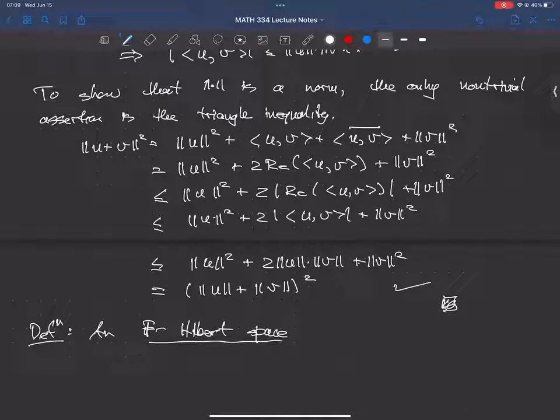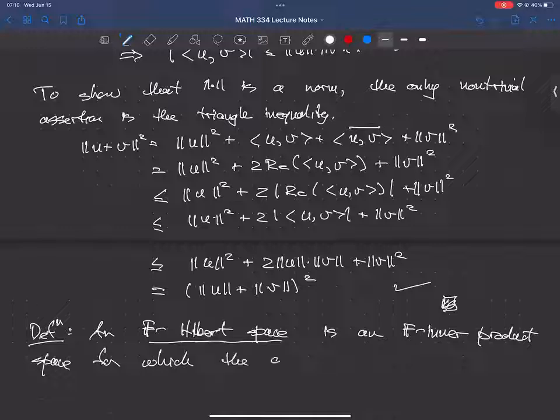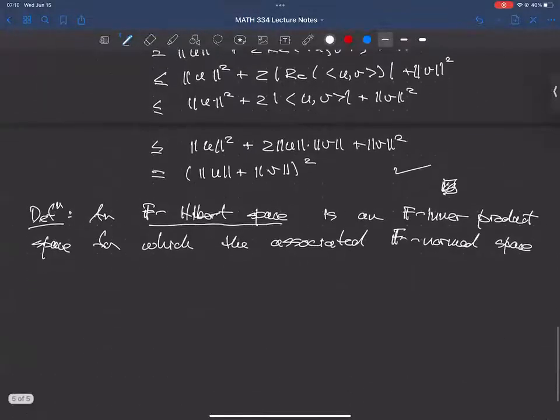Okay, it is an inner product space for which the associated normed space is a Banach space.